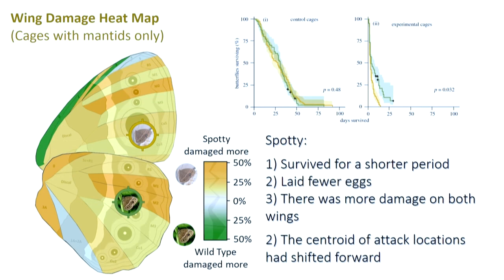The center of mass of the attacks for the spotty individuals was more shifted forward, and there was, as a consequence, differences in fitness. So eye spots are good for you, but you have to watch out where you put them. You don't want to put the eye spots on the very important flight takeoff wing, which is the forewing.